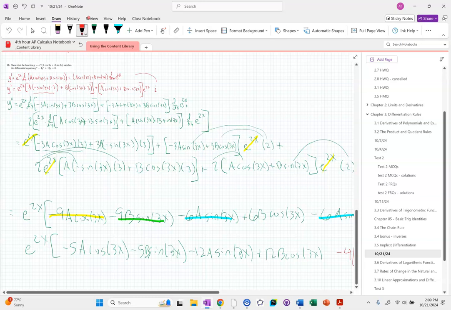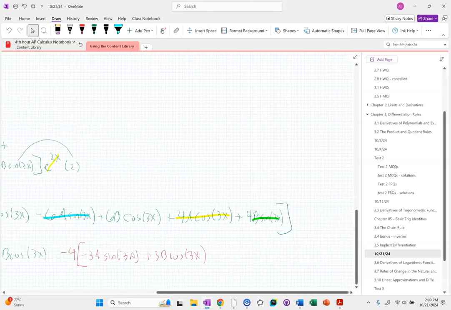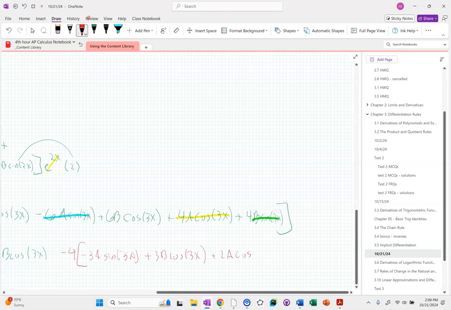And then I'll distribute this 2 through. So I have a plus 2a cosine 3x and a plus 2b sine 3x.